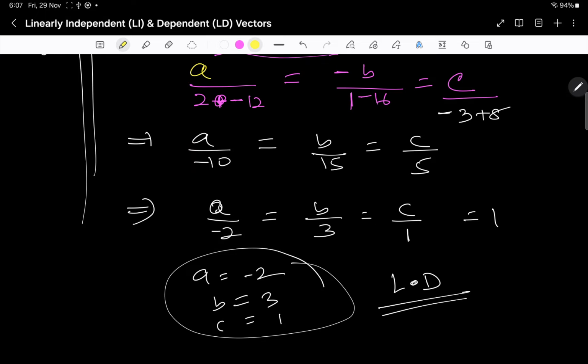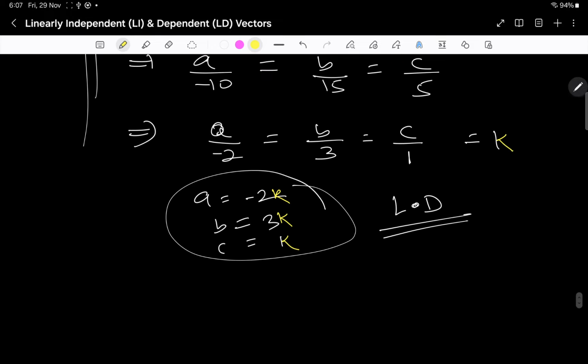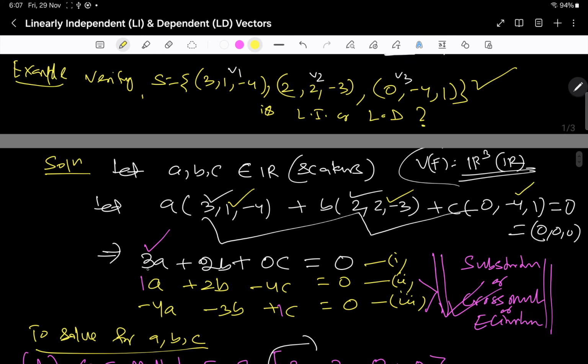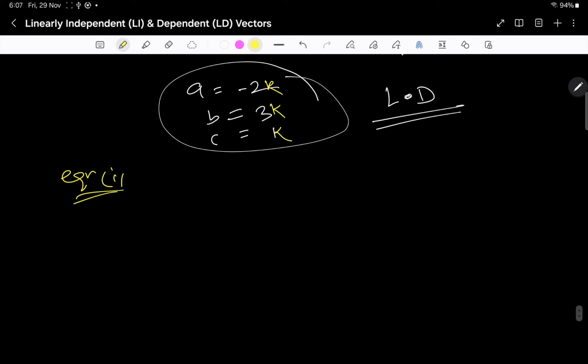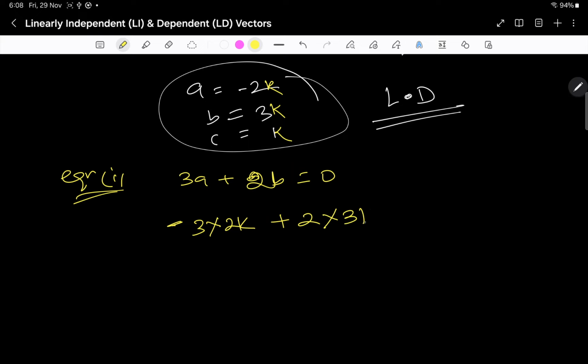If I want to further extend, suppose this is my k, then this is my k. Now I come to my equation 1, 3a plus 2b is equal to 0. You substitute it, so it is minus 3 into 2k plus 2 into 3k, which is by default 0.